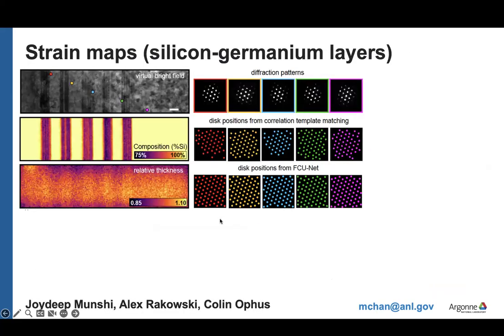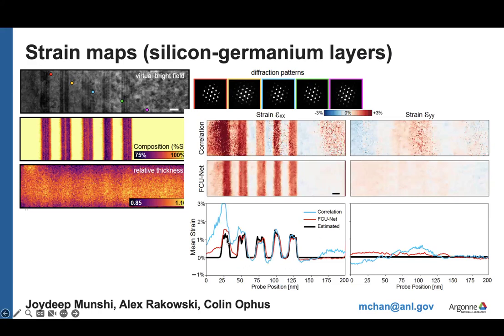This is the test of this FCUNet model on realistic data. This was silicon germanium layers because we can measure the composition of silicon and germanium, and we know how a silicon germanium mixture behaves. We have a baseline expectation of the strain inside the material.